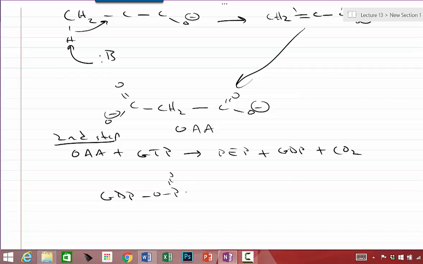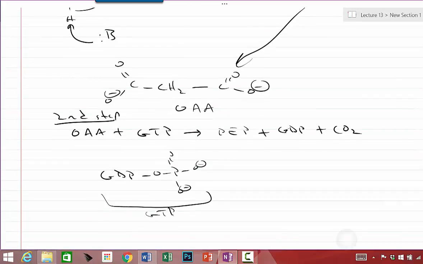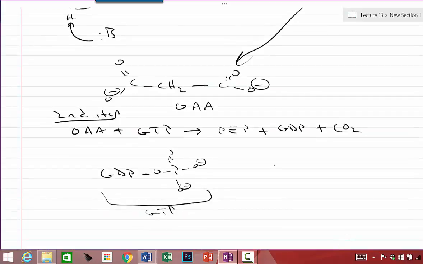I did the same thing with ATP. So that actually is GTP. Okay. I'm getting this ready for attachment to the oxaloacetate. I'm going to draw out oxaloacetate. Let's see how I should do this.